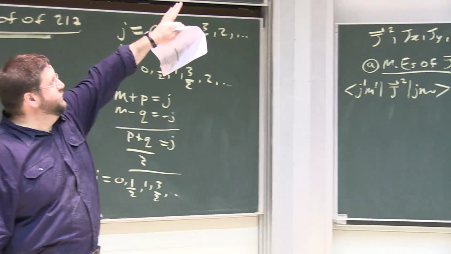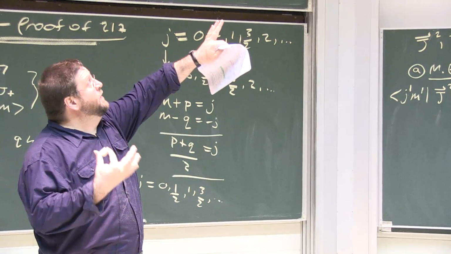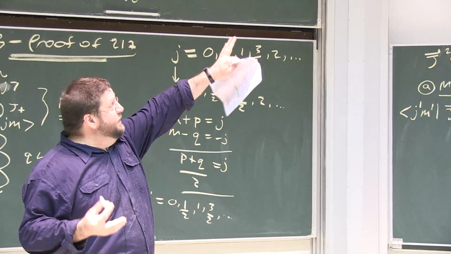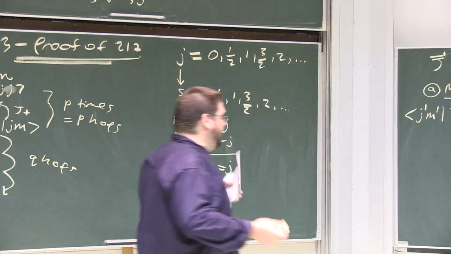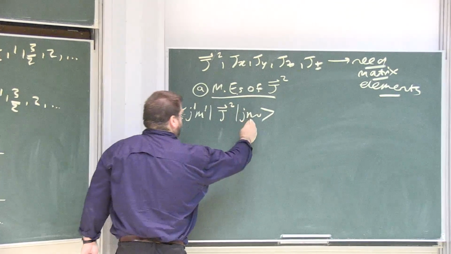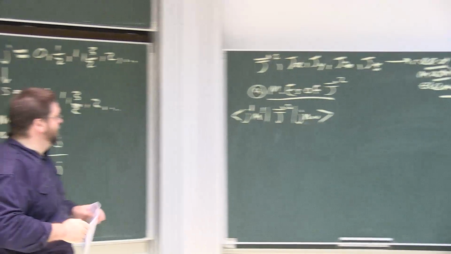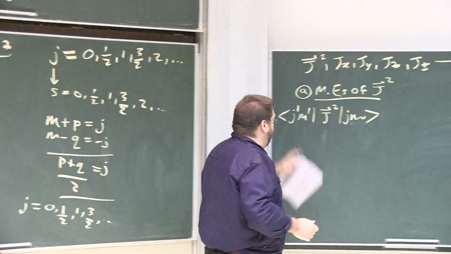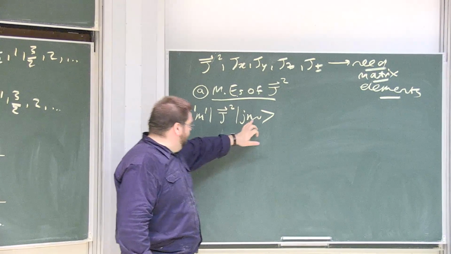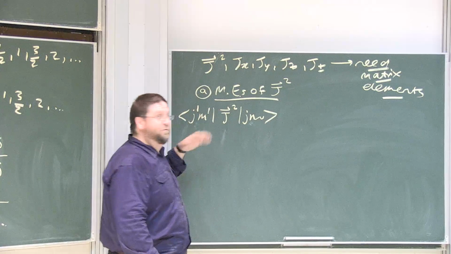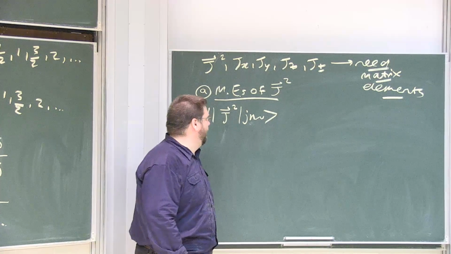In the bottom right of the top board, I indexed my eigenfunctions with a single number, p. Here I have two numbers, so this is like the p, this is like the m. So these are the matrix elements. This matrix is going to be described by four numbers, so it's like a four-dimensional matrix, that's fine.